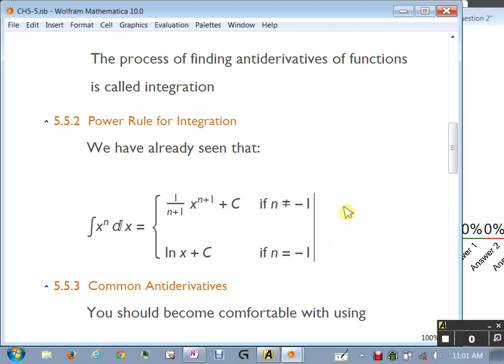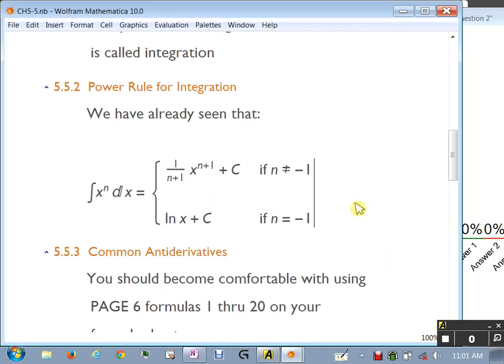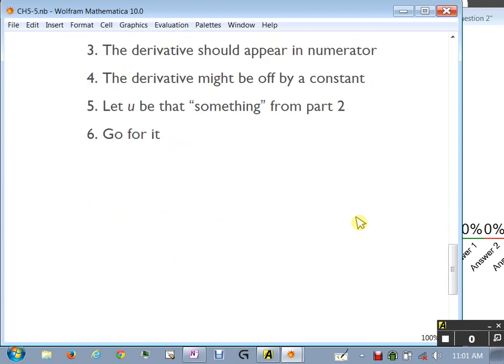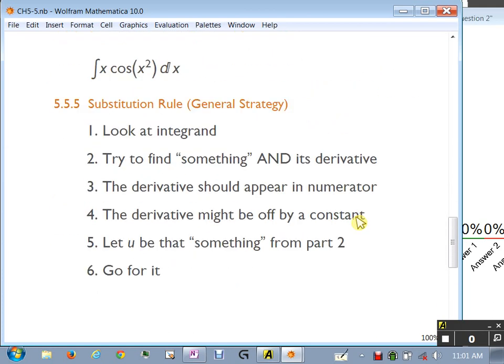Okay, so 5.5, we had talked about, what was the technique? U substitution, right? And the idea was to look into the integrand, try and identify something and its derivative sitting there. And if you do that, then you can hopefully resolve what the antiderivative is.